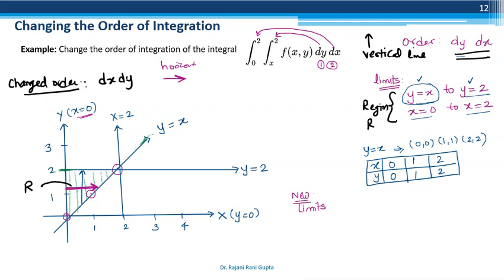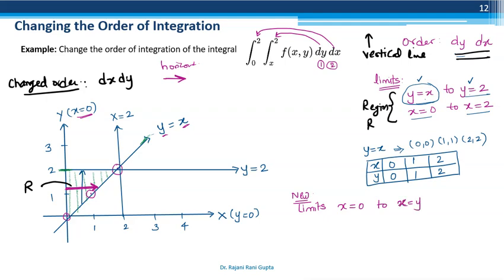So let's write down the new limits. Since you are moving horizontally and in horizontal movement x varies, the limit starts for x first. x equal to 0 to x equal to a point on this line. On this line, what is the value of x? It's y. So x equal to y.